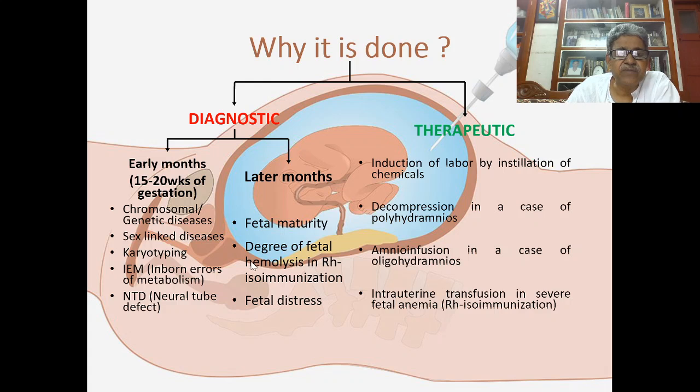So determination of Rh from the fetus is very important for hemolysis. So it can be determined by this process also. Another is fetal distress. Different types of fetal distress are there, like pressure distress, oxidative distress, respiratory distress. Such different types of distress are measured or diagnosed by this process.